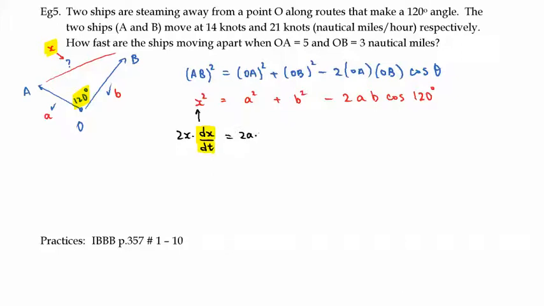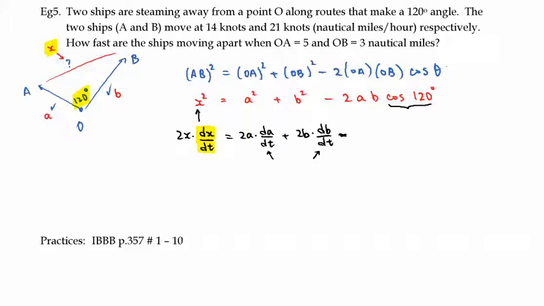This equals 2a times da/dt plus 2b times db/dt. da/dt and db/dt are just the speeds of the two ships, minus 2 times AB cos 120.